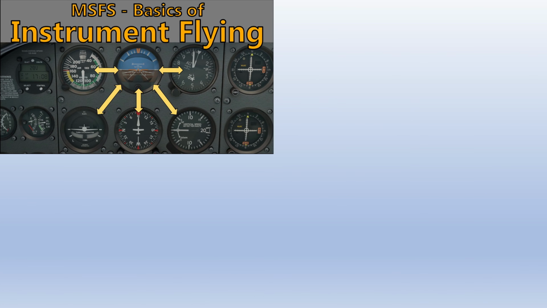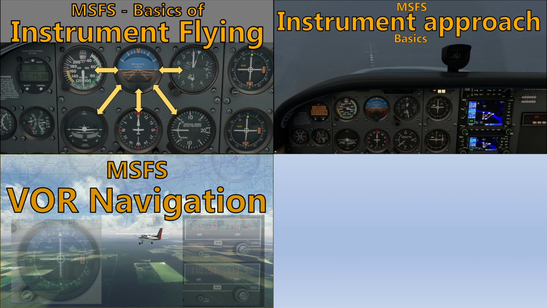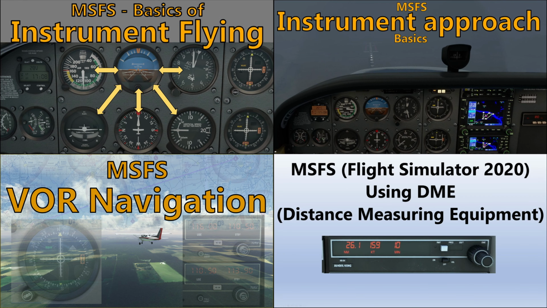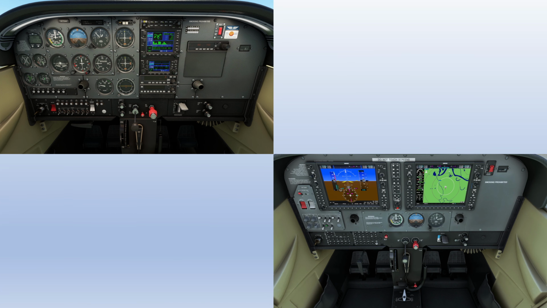Before we start this lesson, it's a good idea to be familiar with the basics of instrument flying as well as the basics of flying instrument approaches. You should also be familiar with the basics of VOR navigation as well as the basics of using distance measuring equipment or DME. We'll be flying this procedure using both the analog or steam gauge Cessna 172 Classic as well as the Garmin G1000 equipped Cessna 172.